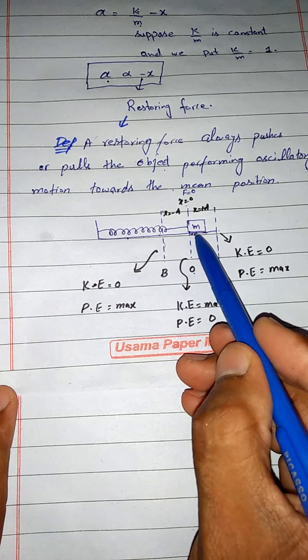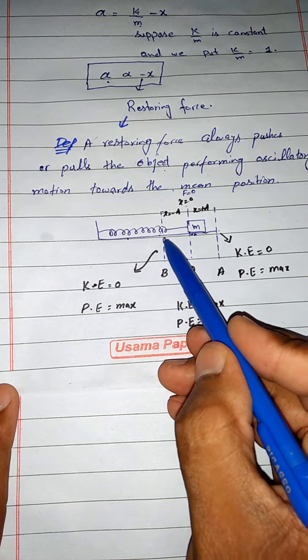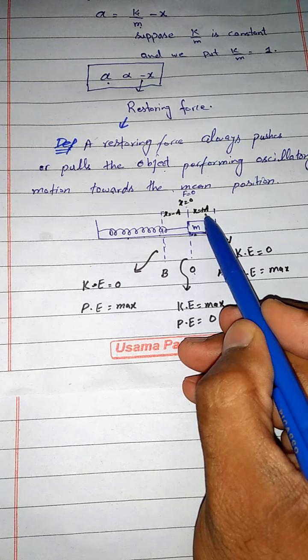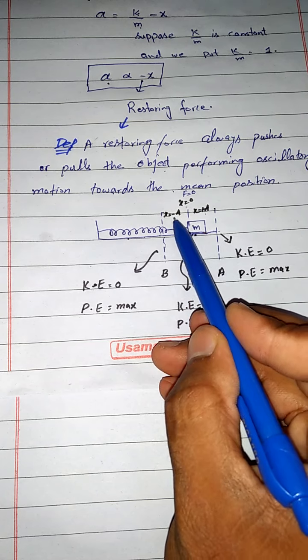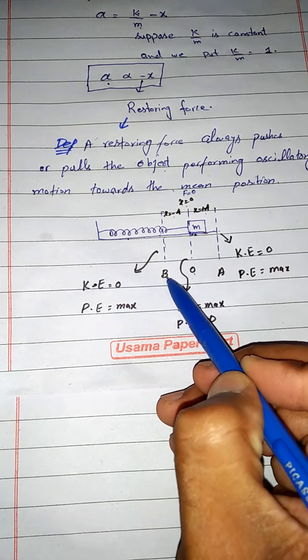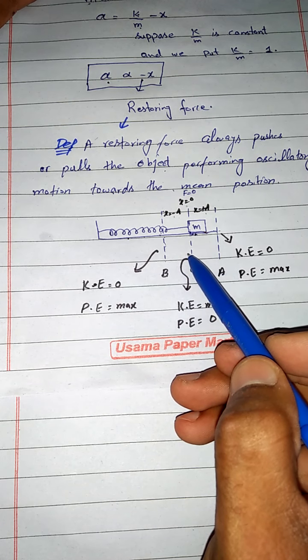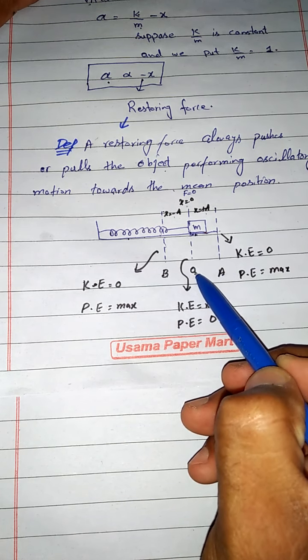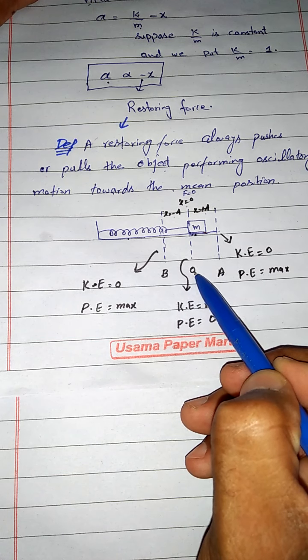Due to inertia, it does not stop at the mean position, it goes towards B. The distance from O to A is positive, and the direction is opposite, so it becomes negative from O to B. The mass gains speed as it moves towards the mean position O, and its speed becomes maximum at O. Due to inertia, the mass does not stop at the mean position O but continues its motion.